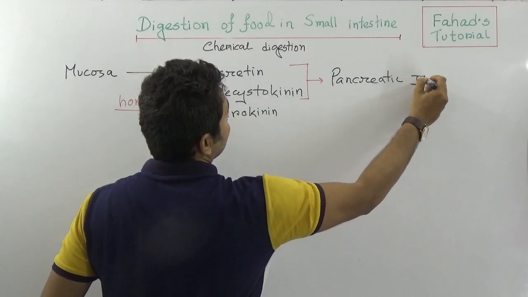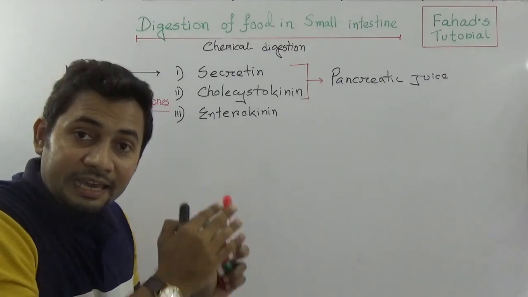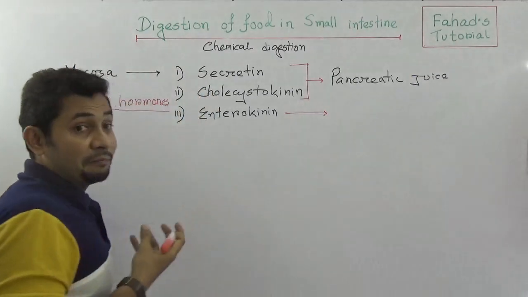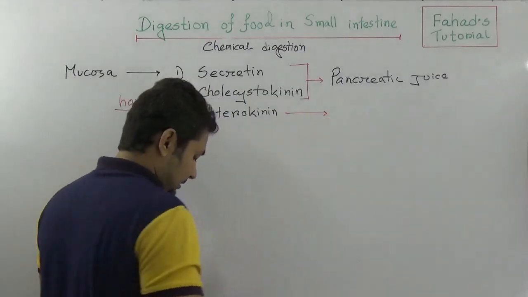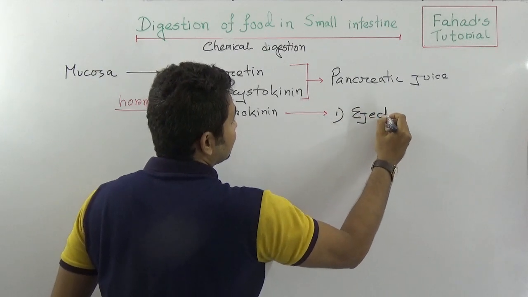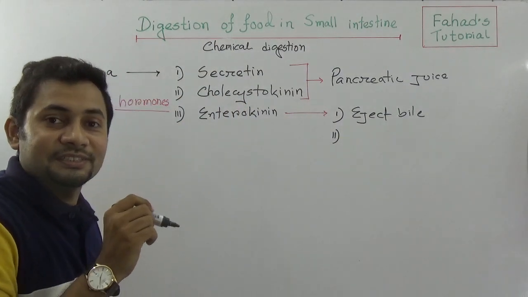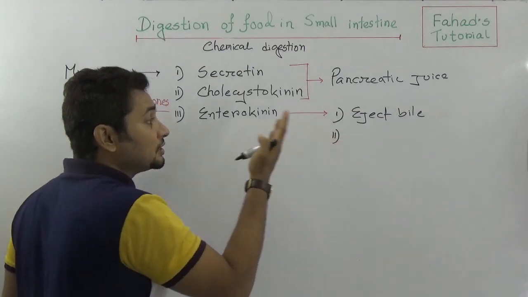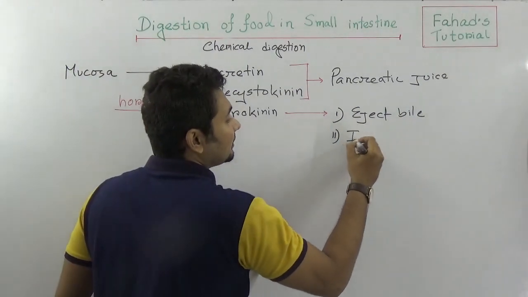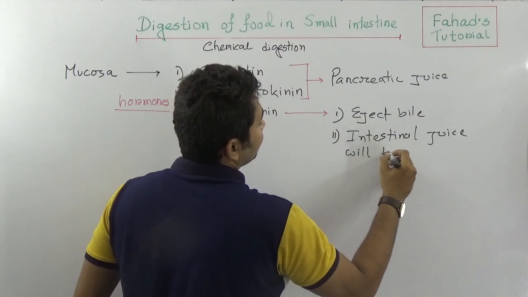Enterokinin stimulates the gallbladder to eject bile, and the intestinal juice will also be secreted through the hormonal activity of enterokinin. So intestinal juice will be secreted.